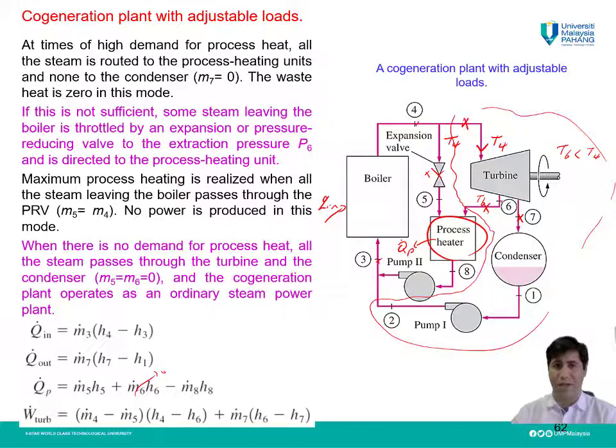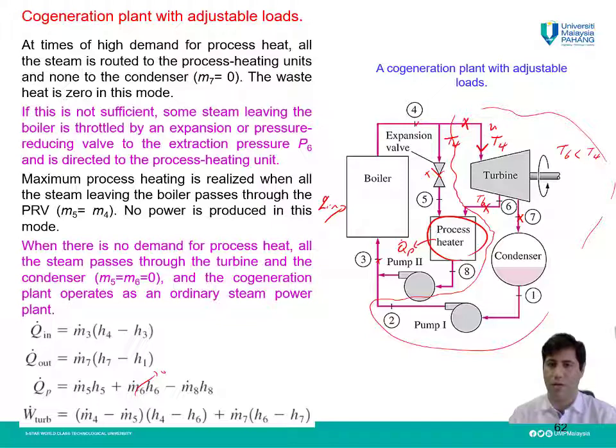And for the enthalpy here and here is important. And also we have this m dot 7, which is the amount of steam which goes to the condenser, m dot 7 times H6 minus H7.